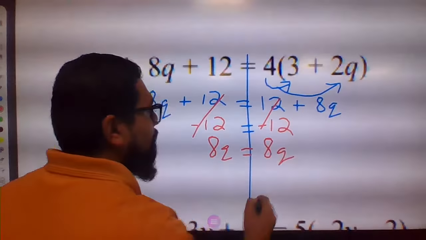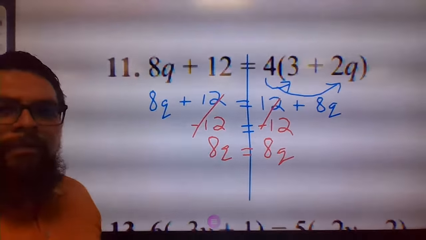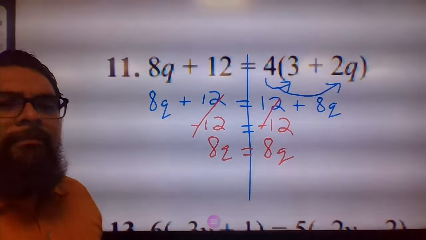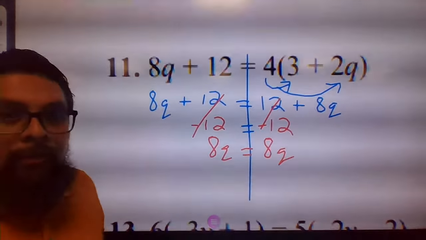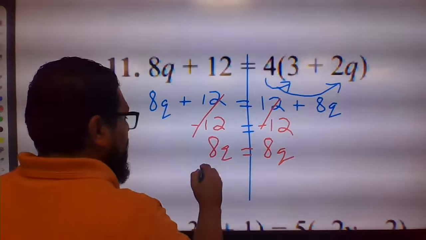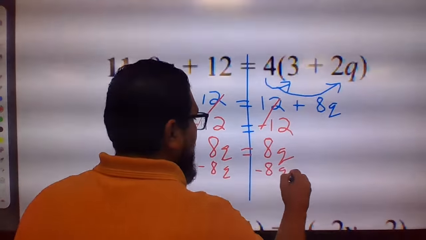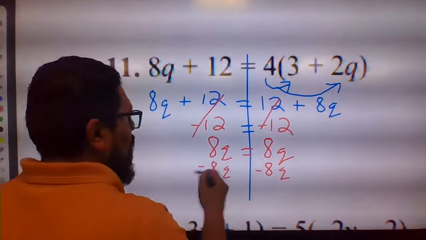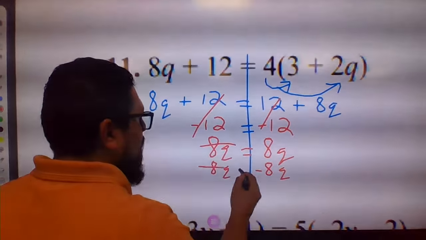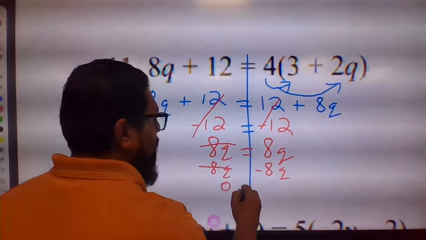8q. Huh. They're the same. Okay, let's keep going. Let's see what happens. So let's subtract 8q, subtract 8q, because what you do to one side, you do to the other. So this is 0 equals 0.